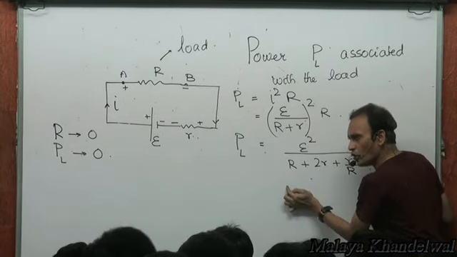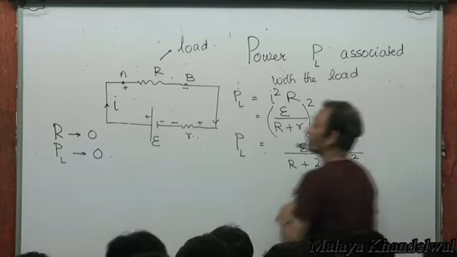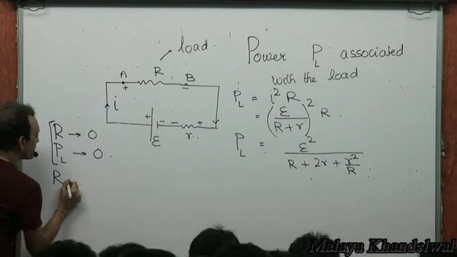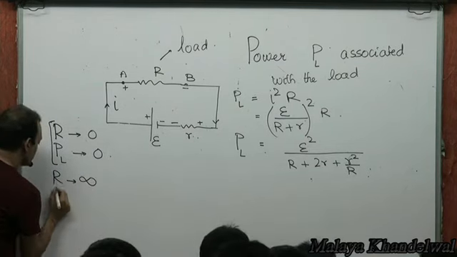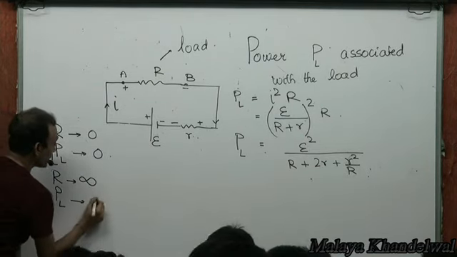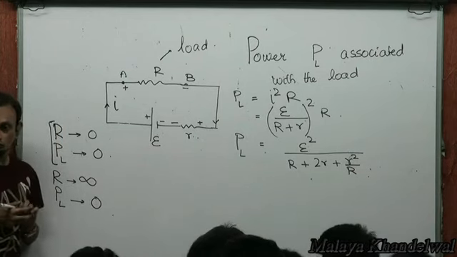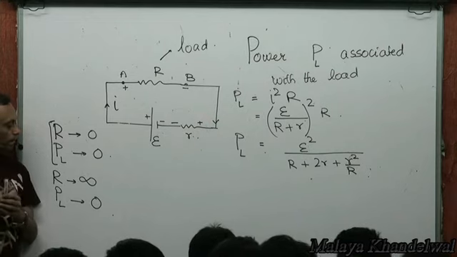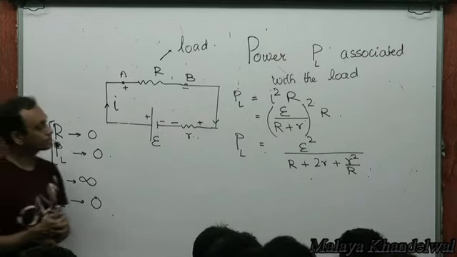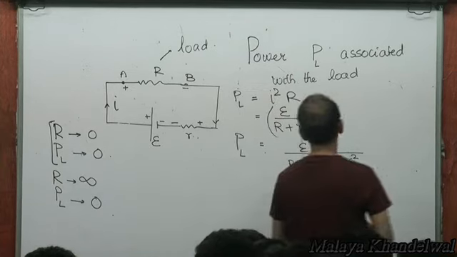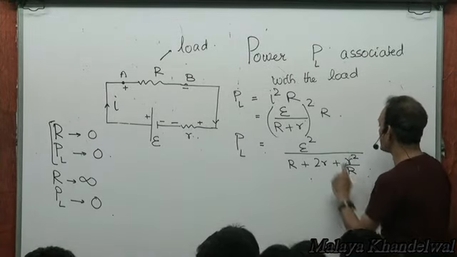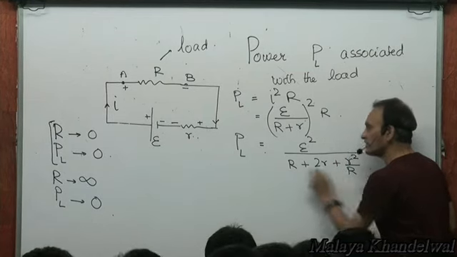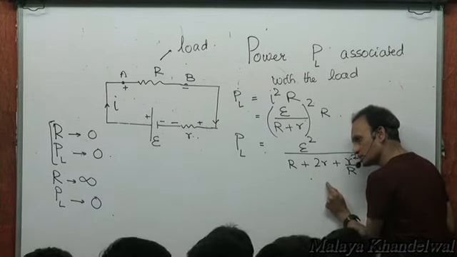So when capital R tends to infinity, the power across the load will again tend to 0. Yes or no? I'll repeat. There is one R above and one R in the denominator. So when capital R tends to infinity, this whole thing will tend to infinity and this ratio will tend to 0, isn't it?